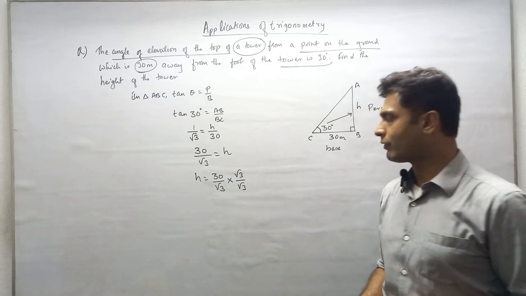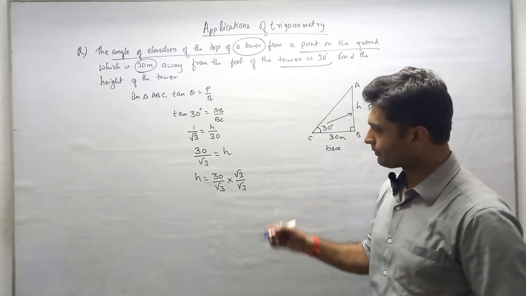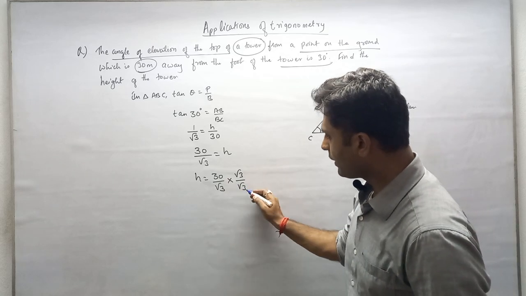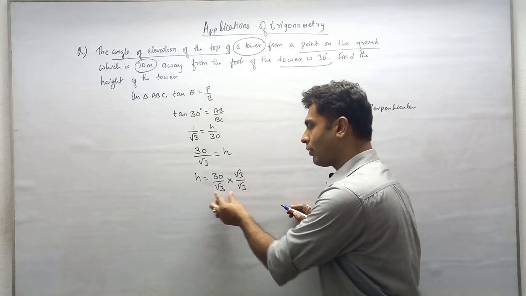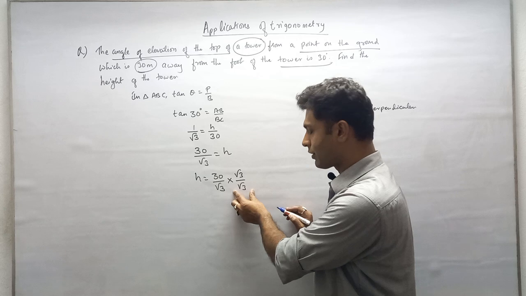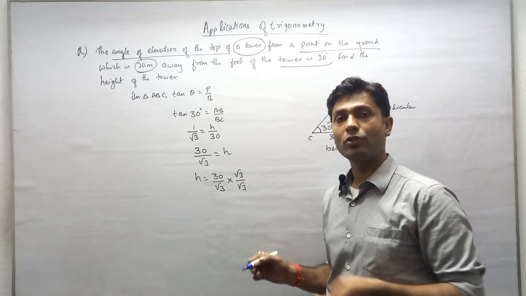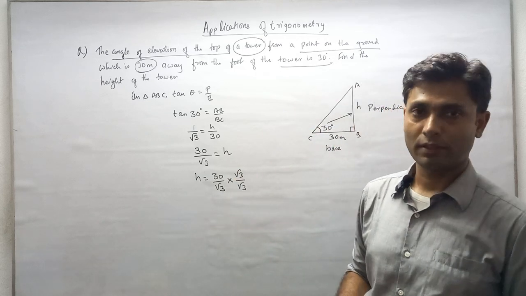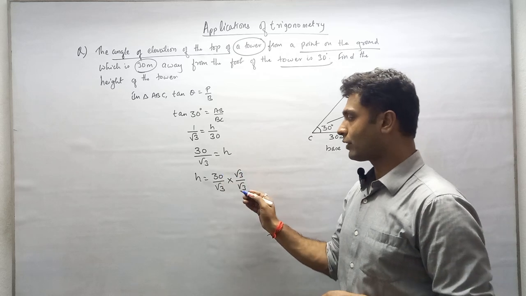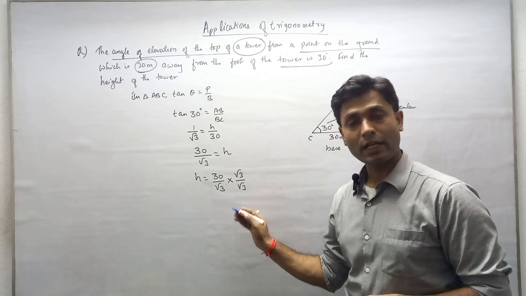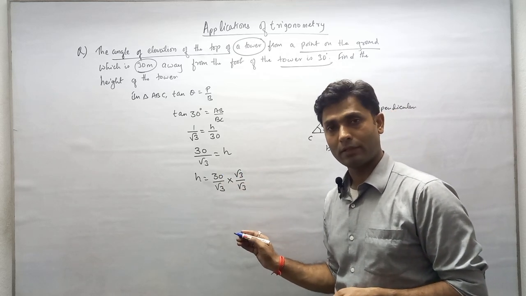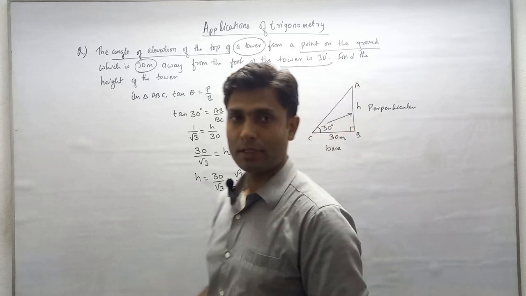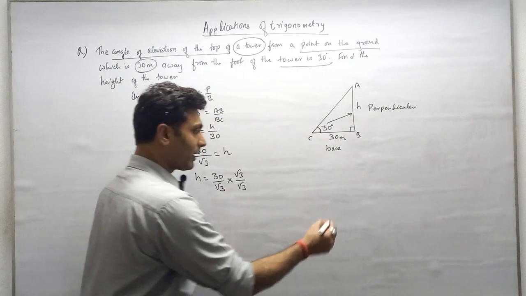Now the second question which can come to your mind is, why are we multiplying the numerator also by root over 3? There is no need to multiply the numerator if we only want to rationalize the denominator. But see, I'll take one example first.